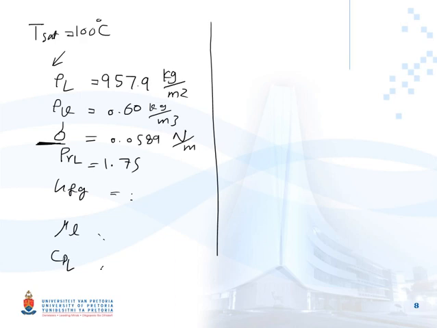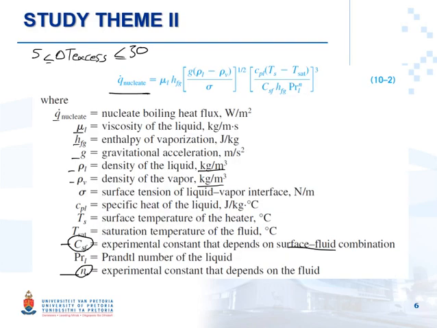You go and you find it. So CSF is equal to 0.0130 and N is equal to 1. Okay, now we have everything. You put it into the correlation and you find Q nucleate. Can you do that?